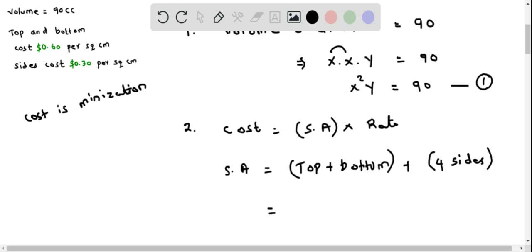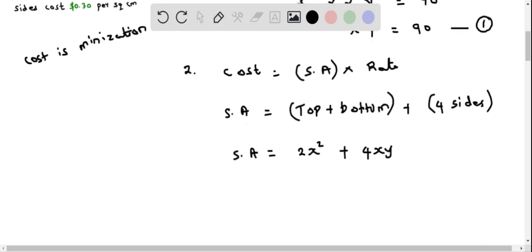The area of the top and bottom surfaces: x squared represents the area of the base, and similarly we have the top which is also x squared. Adding them together, we get 2x squared, and then the area of each of the sides is xy. Since we have four sides, we multiply this by 4. So this represents the surface area.